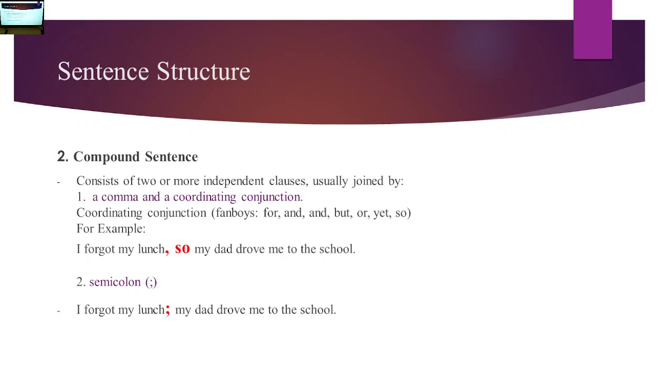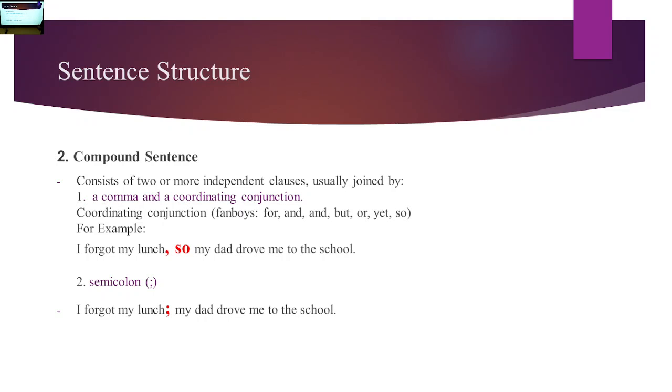So for example, when you say, I forgot my lunch, so my dad drove me to the school. I forgot my lunch, this is our first independent clause, subject, verb, complete thought. Then we have, my dad drove me to the school, second independent clause, subject dad, verb drove, and then the complement. These two clauses are joined together by a coordinating conjunction, preceded by the comma.